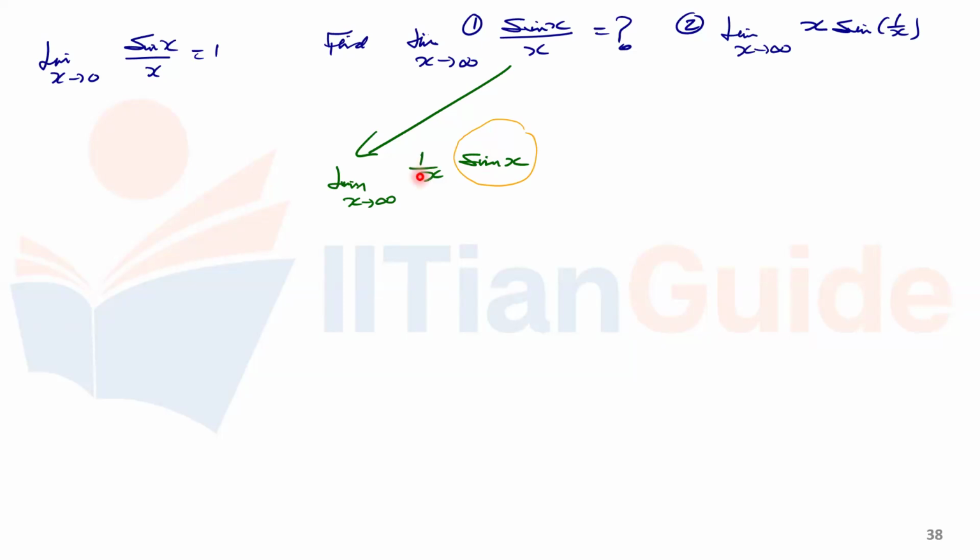So I can say it is 0 multiplied by a finite number between -1 to 1. Whatever number we have between -1 to 1, when we multiply it with 0, I will get 0. It is not 0 into infinity. It is 0 multiplied by a number between -1 to 1, that will give me 0.